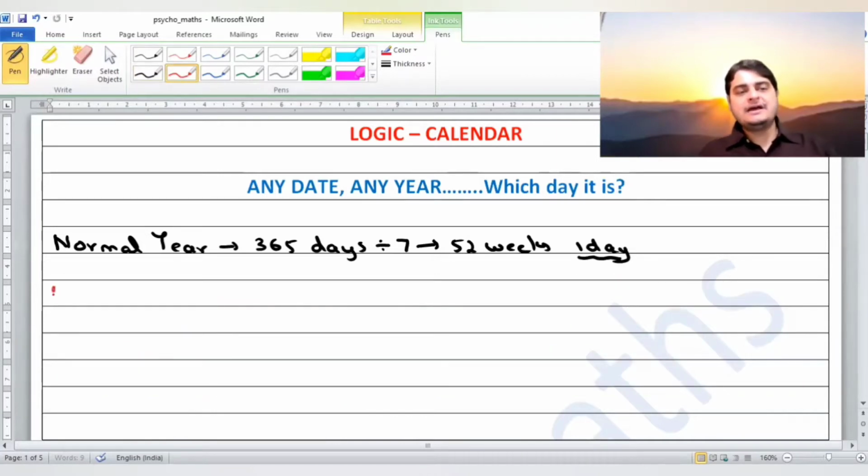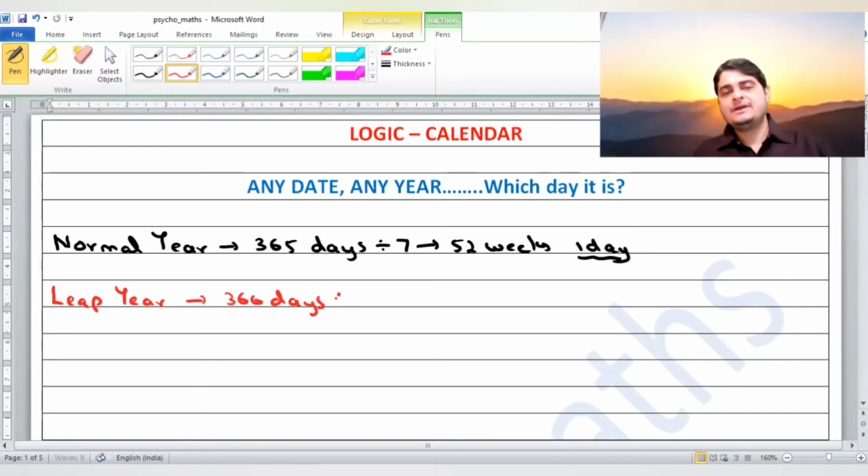Now on similar lines, let us come to the information you already have: a leap year. A leap year has 366 days, divided by 7, so it will have 52 weeks and 2 additional days.